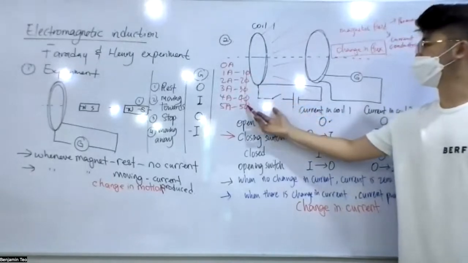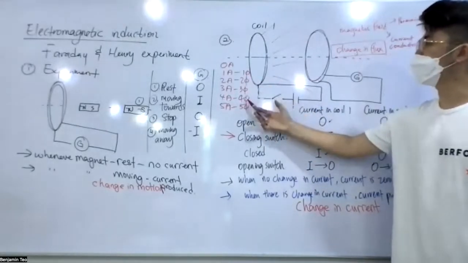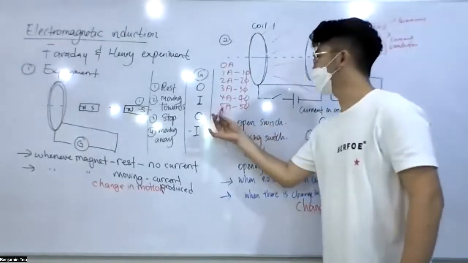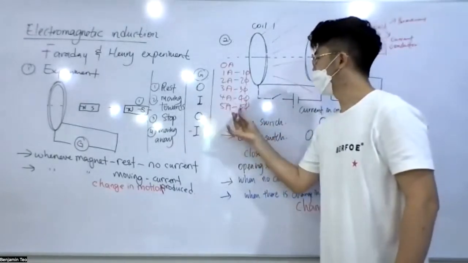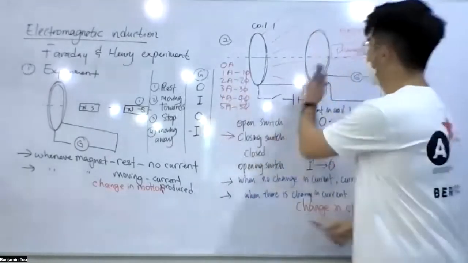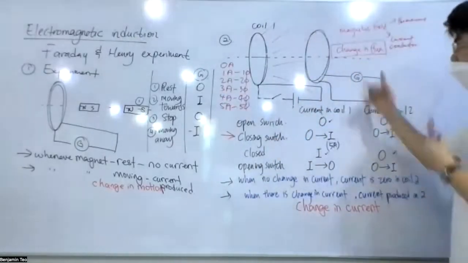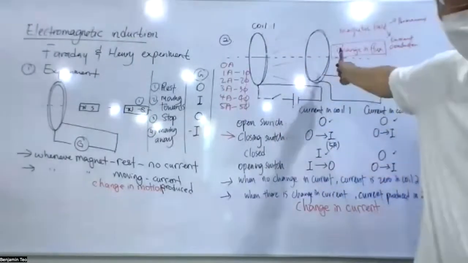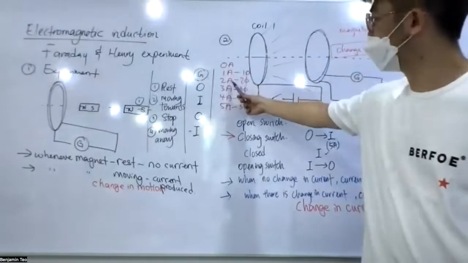The flux can increase or decrease. If I open the circuit from 5 ampere, 4, 3, 2, 1, then 5 flux, 4, 3, 2, 1. Change in flux. Who causes the change in flux? It is the change in current that causes the change in flux here.